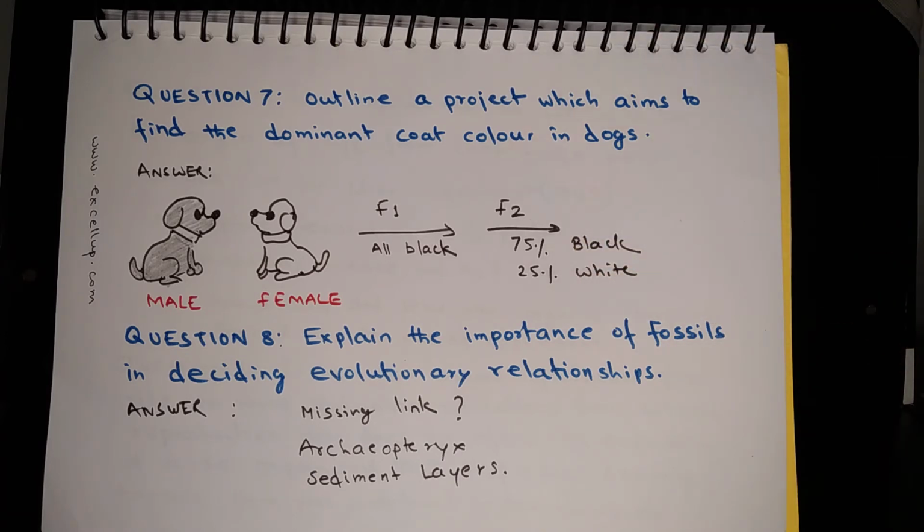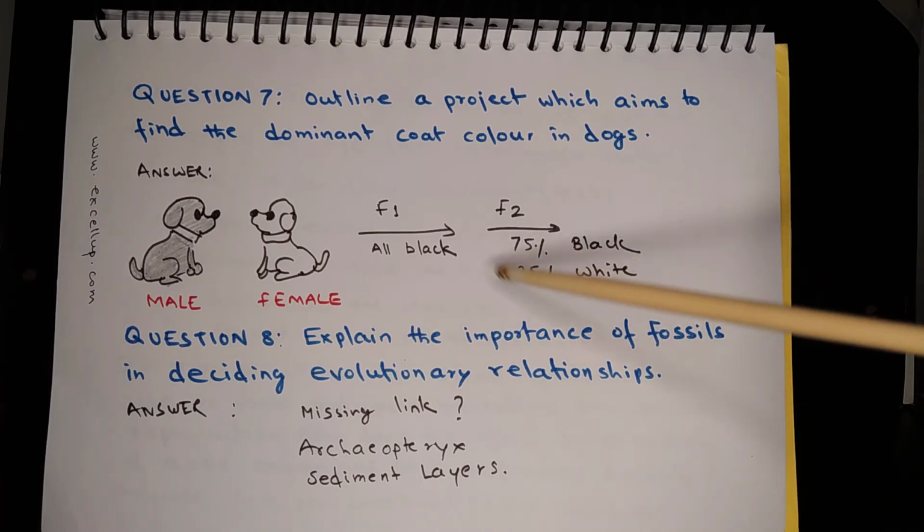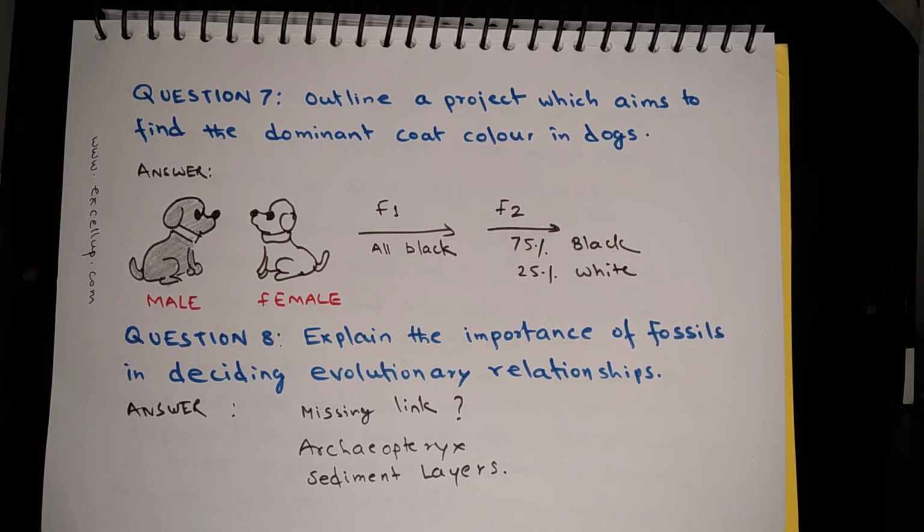This can be vice versa also. Whichever color is in the 75% is the dominant color, and whichever color is in the 25% is the recessive color. So in this assumption, the black color is the dominant coat color and white color is the recessive color.